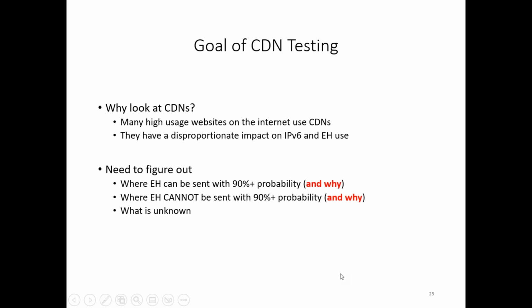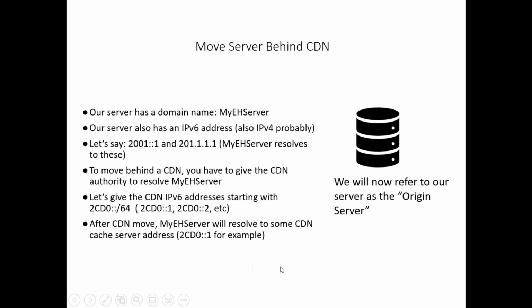Let's just talk about CDNs for a while, because we spent a good deal of time testing CDNs and understanding how they work and where the problem might be. So what we did is we have this web server that is sending an extension header. It's got some kind of domain name, and this one happened to be dual stacked, V6 and V4, so it had two different addresses.